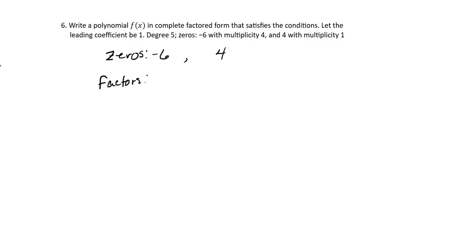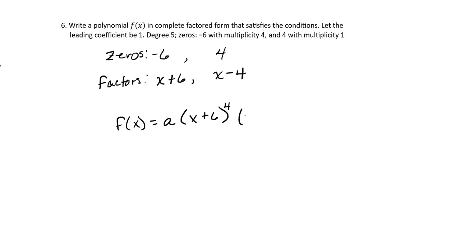I know my zeros are negative 6 and 4, so that means my factors are x plus 6 and x minus 4. So my function is going to be some constant a times x plus 6 with a multiplicity of 4, so that means I have an exponent of 4 here. X minus 4 is a factor, and that has a multiplicity of 1.